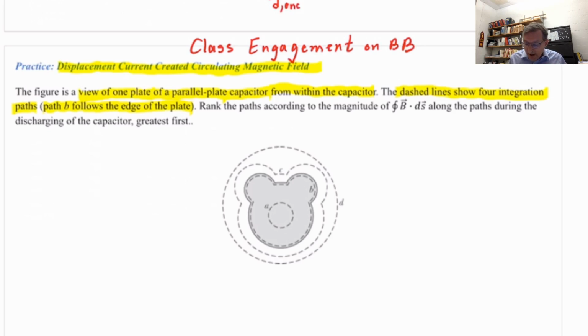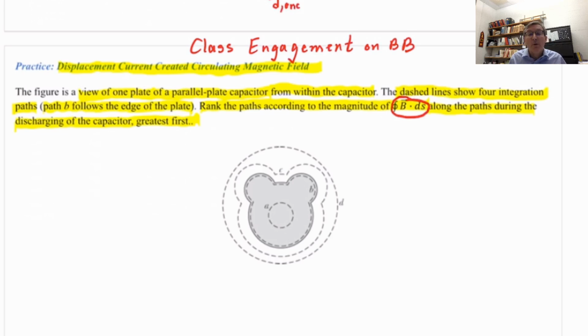You are to rank the paths according to the magnitude of the integral of B dot ds along those paths, and we are looking at the case where the capacitor is discharging. We're ranking the magnitude of that integral, biggest to smallest, for those loops.